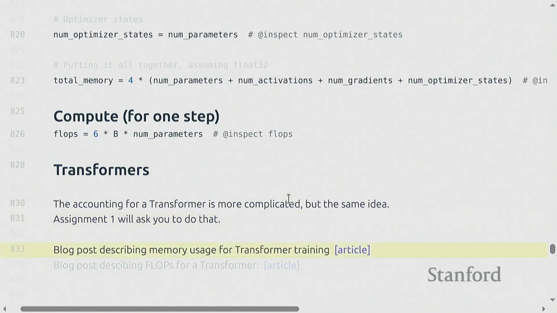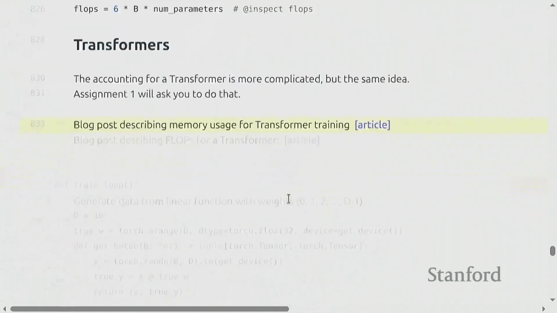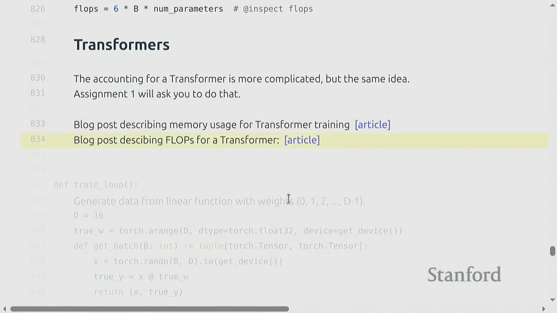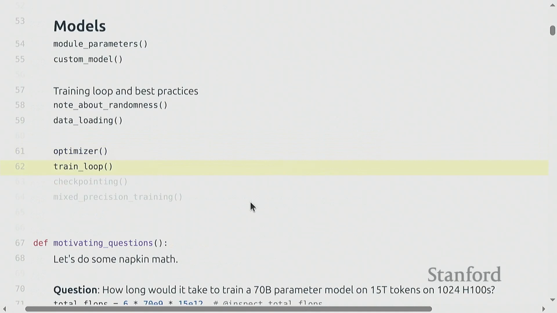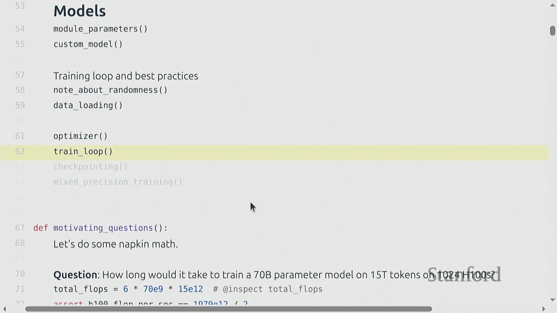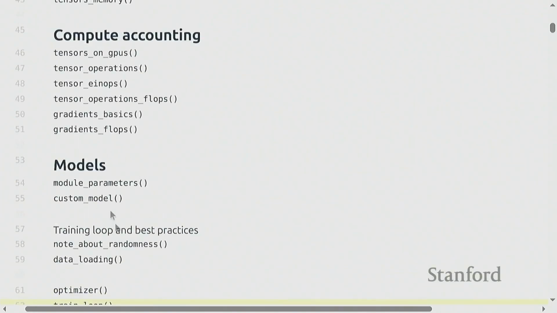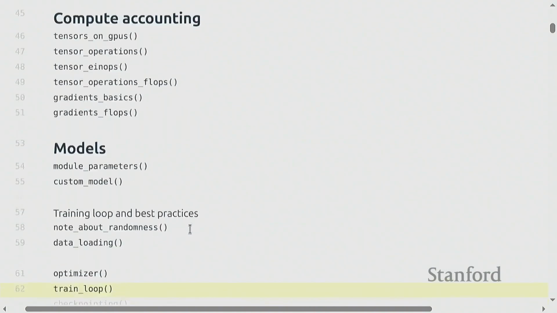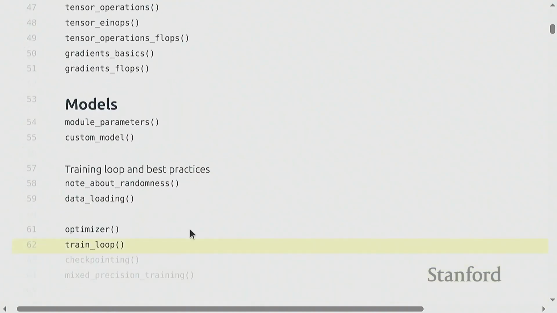For reference, if you're curious about working this out for transformers, you can consult some of these articles. Okay, in the remaining time, I'll pause for questions. We talked about building up the tensors, and then we built a very small model, and we talked about optimization and how much memory and how much compute was required.